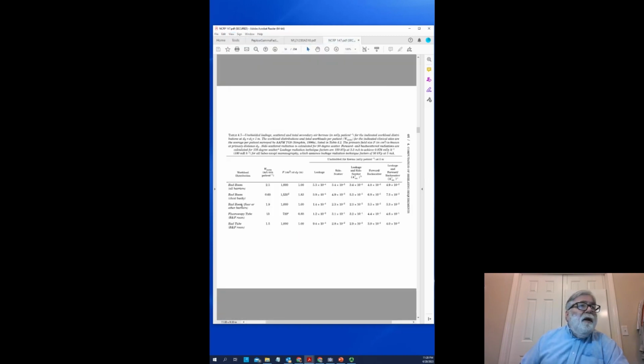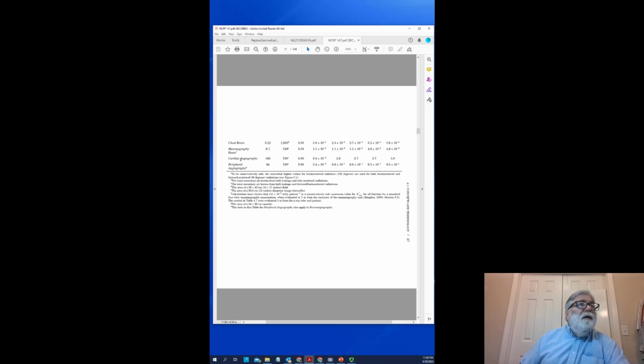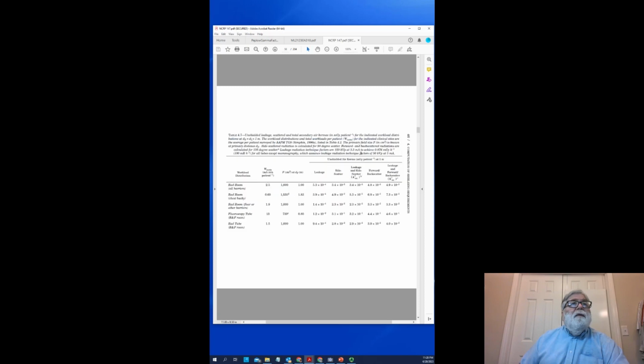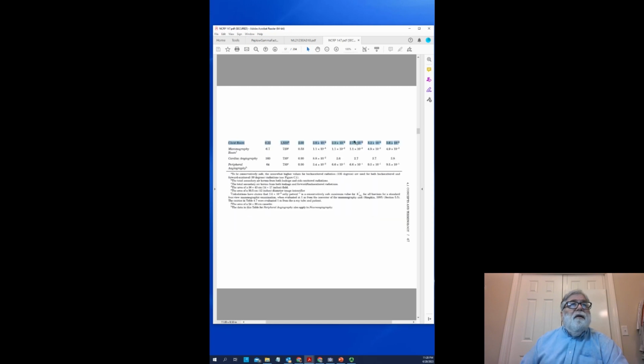See, so we have a chest room right here, and this is going to be sideways scatter, right? So this is leakage and sideways scatter. So it's this one, 2.7 times 10 to the minus 3.